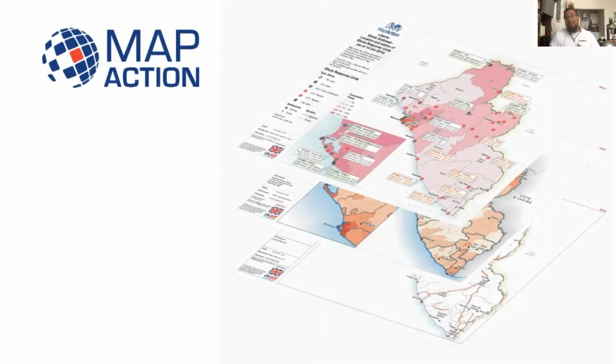Anyway, segueing ungracefully into what Map Action does. Map Action, as you might be able to tell from the name, makes maps.